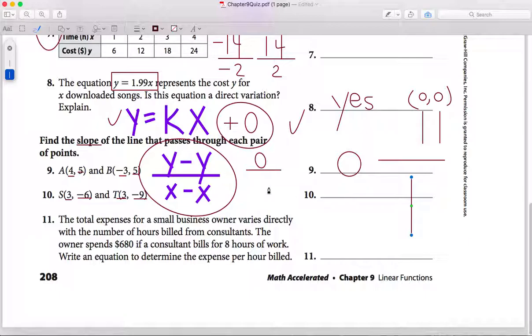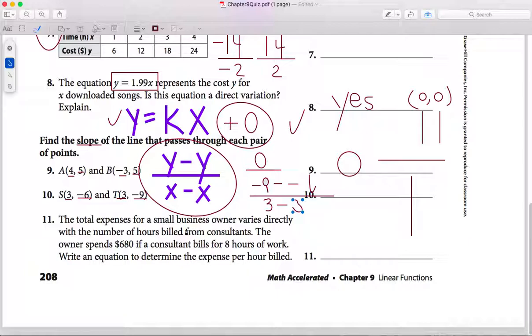And if we did the actual math to prove it, we would take -9 minus a -6. And then in the denominator, we would take our 2 x values, which is 3 minus 3. Well, 3 minus 3 is equal to 0. And a 0 in the denominator is an undefined answer or undefined slope.